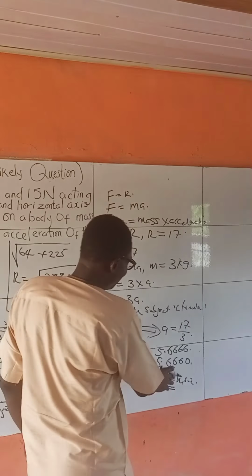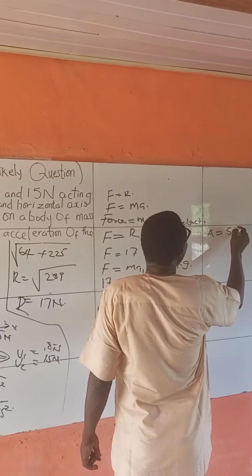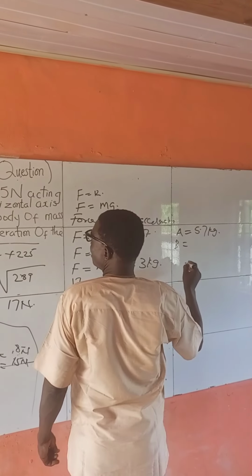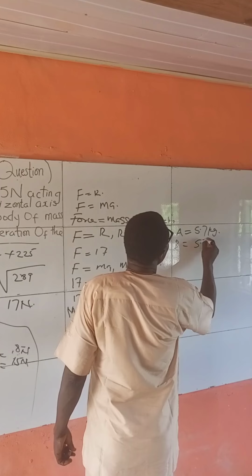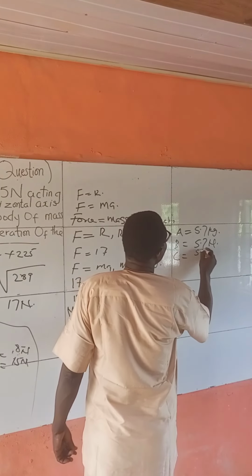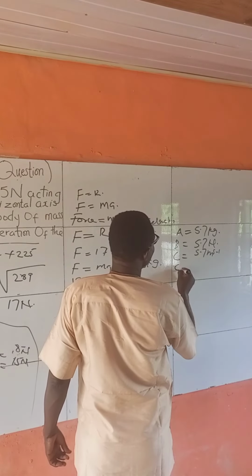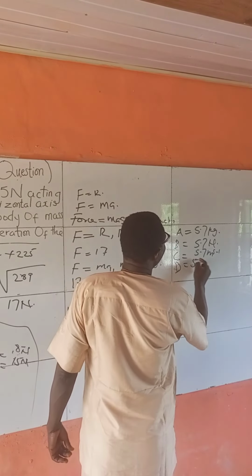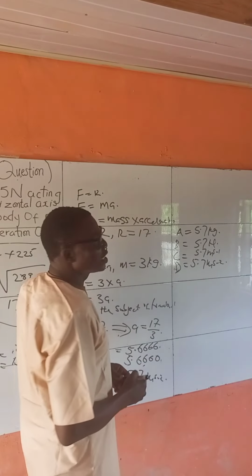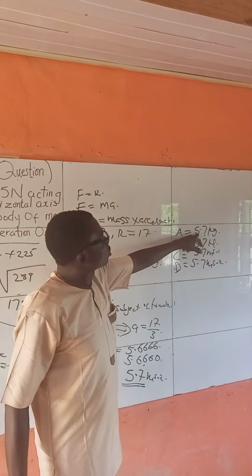Remember, if you are given this, you can have option A to be 5.7 kg. Option B, I can give you as 5.7 Newton. Option C as 5.7 meters per second. Option D as 5.7 meters per second square. It is you at this point to know which one is the correct one. This one is talking of mass.